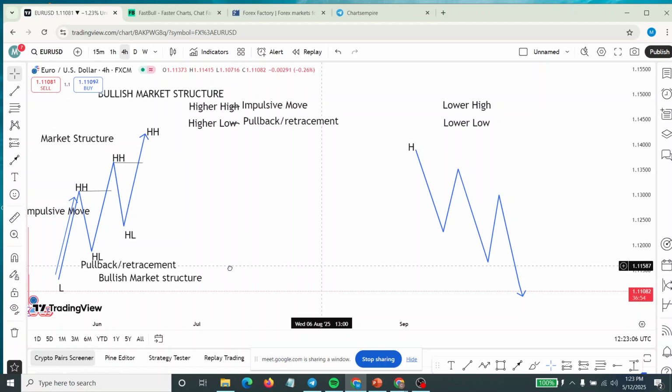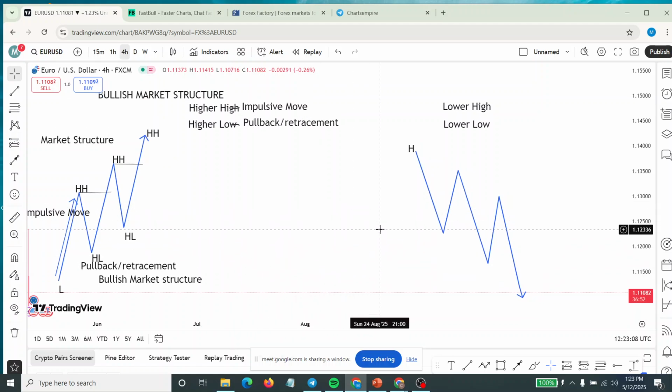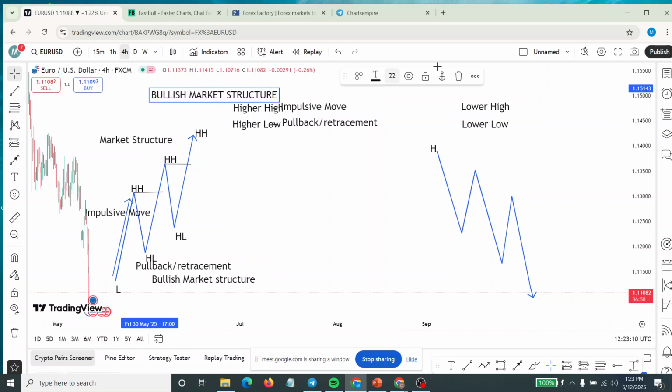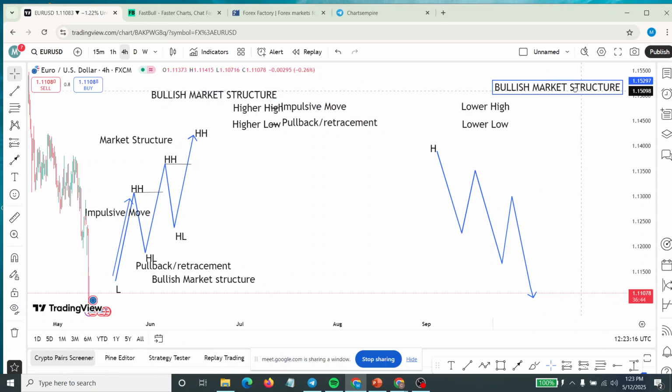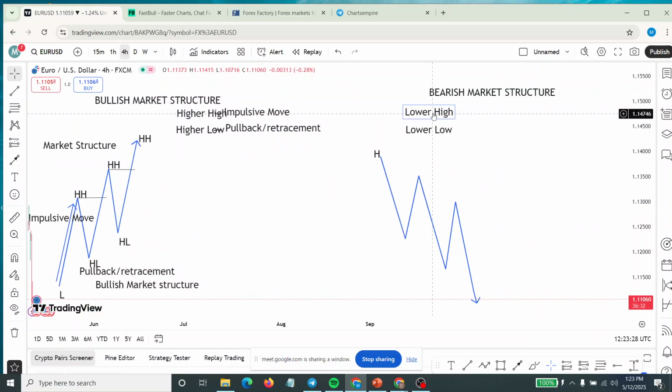So in the bearish market structure, which is this, we want to see a high first.